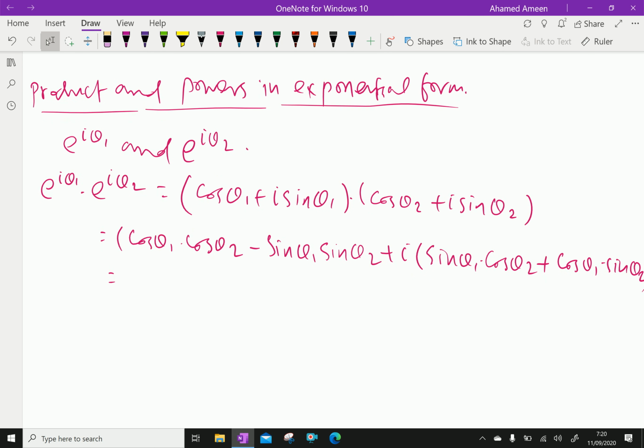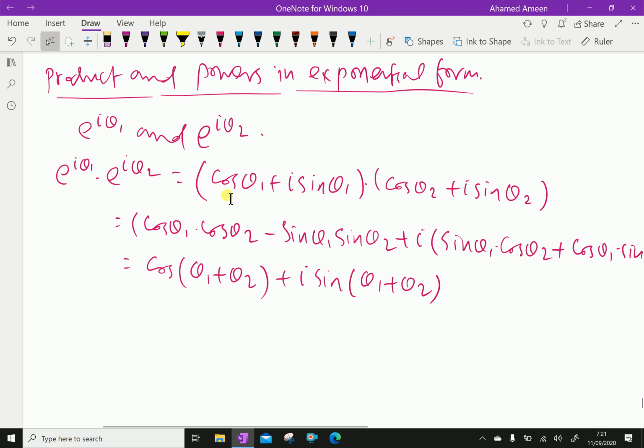Here we can write further this one. Look at this, cos theta 1 cos theta 2 minus sin theta 1 sin theta 2 can be written as cos of theta 1 plus theta 2, plus i times sin theta 1 cos theta 2 plus cos theta 1 sin theta 2, which is i sin of theta 1 plus theta 2.